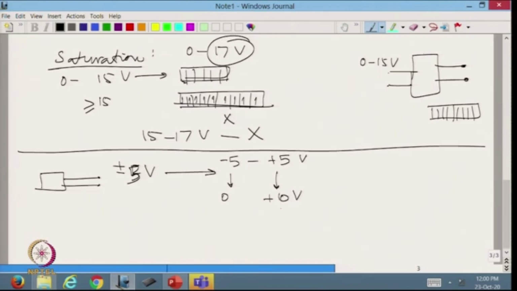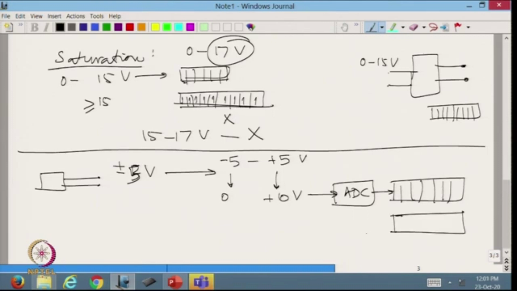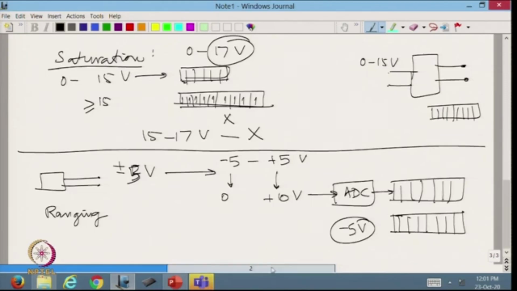So, we just do a simple addition, put this into the A to D converter, and after that interpret that digital data by saying that I added 5 volts to it, and now I subtract it to get my real number. So, that is the other thing we do. This is another aspect of ranging, while the other one we saw was the multiplication part of it. Then we also saw that we should not be restricting only a few bits of the A to D converter, we should try to use as much of the range as possible.